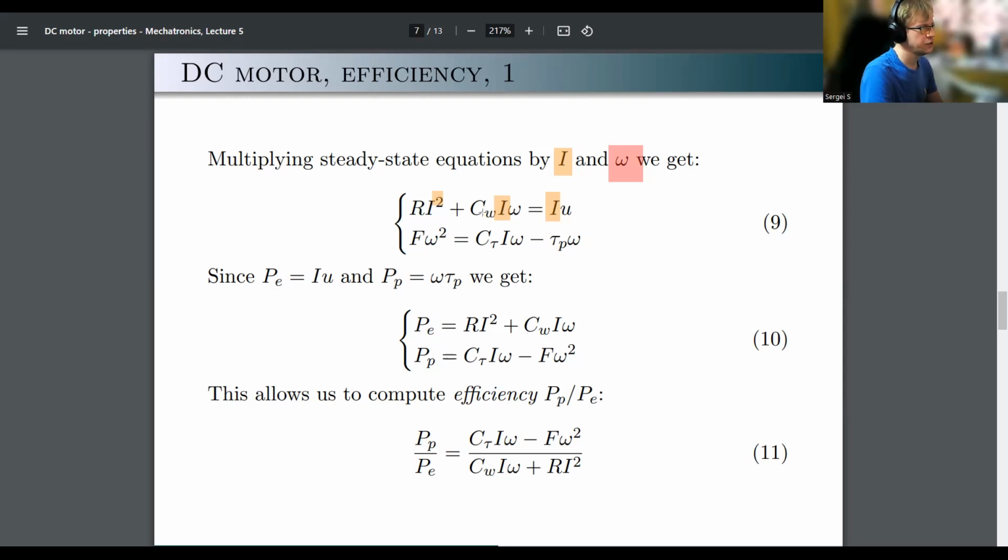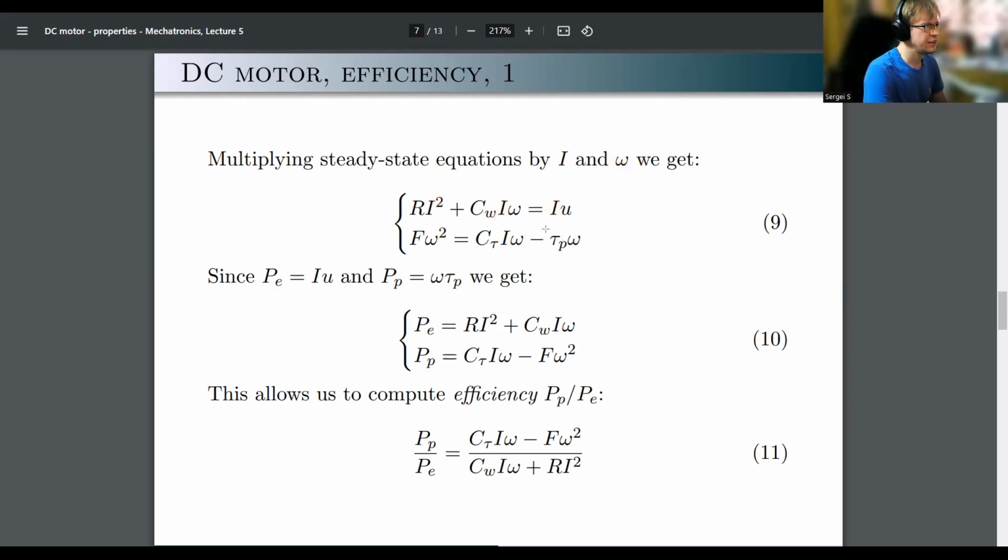It was C omega, now it is Ci omega. It was U, now it is Iu. Now this equation was multiplied by omega. So it was F omega, now it is F omega squared. This is the friction. Here's the torque. So it was C tau I, now it is C tau I omega. And now here you have tau omega.